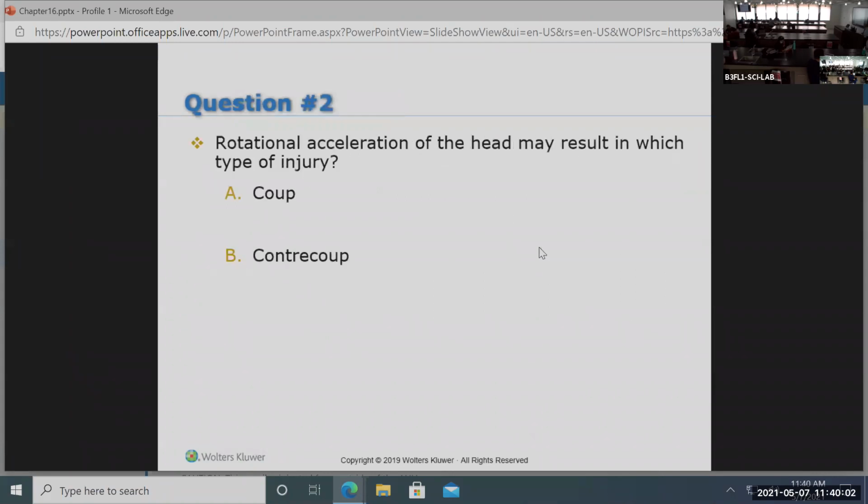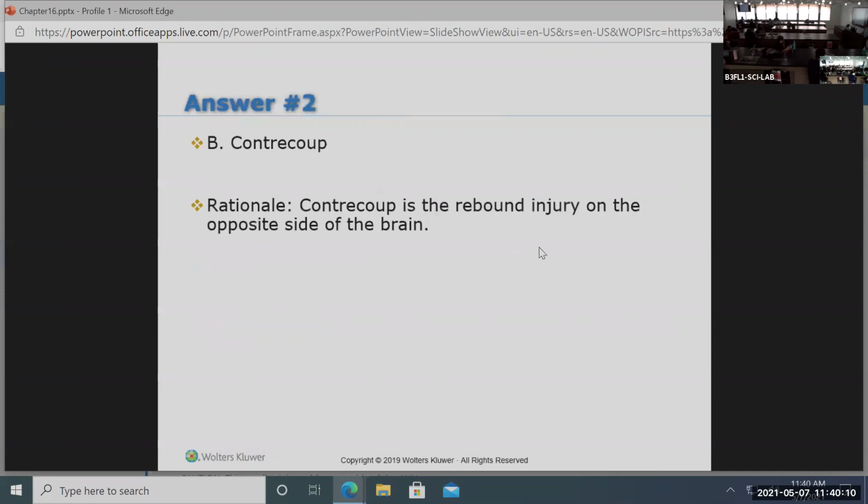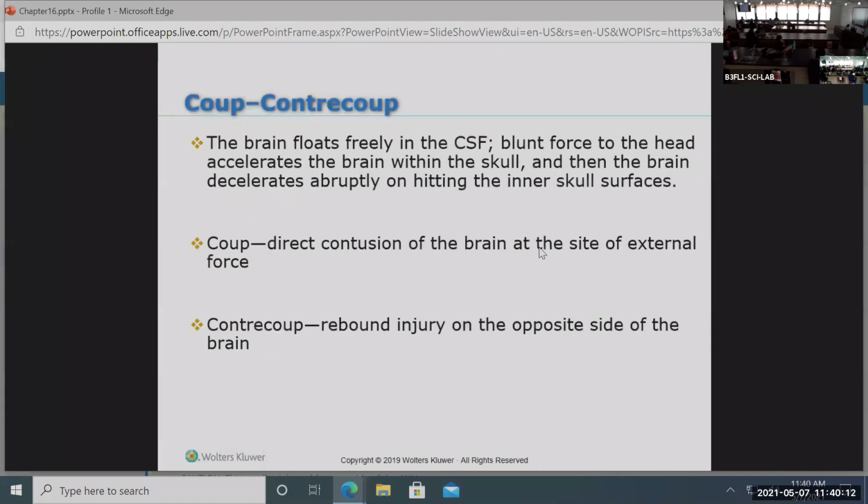Okay, what's next? After this couple of slides, we'll go for the break. Okay, coup and counter coup. Please highlight coup and counter coup.